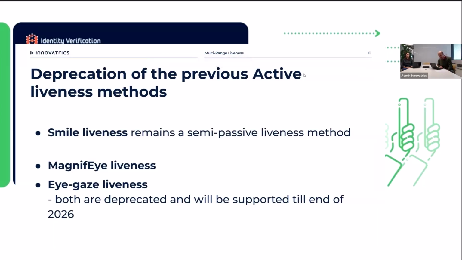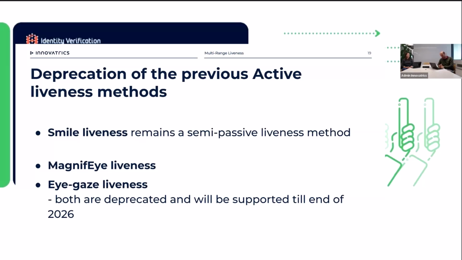Now, I have mentioned that this multi-range liveness will be replacing the previous active liveness methods. So the smile and the passive liveness remain, and the magnify and eye gaze liveness are both now deprecated. So if you are now choosing which one to integrate, please don't integrate these two.